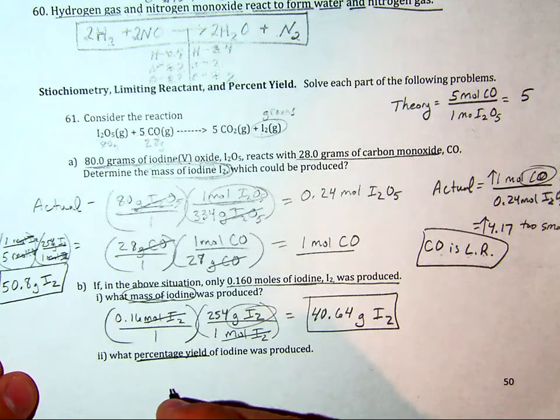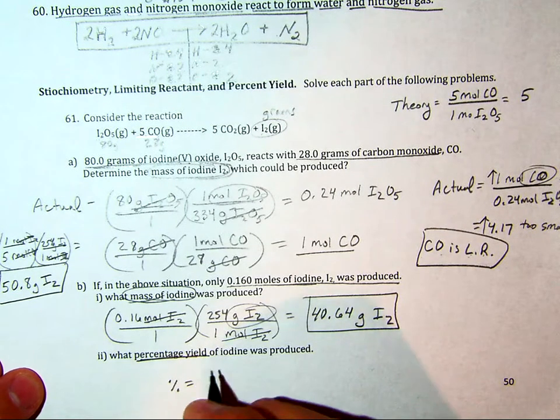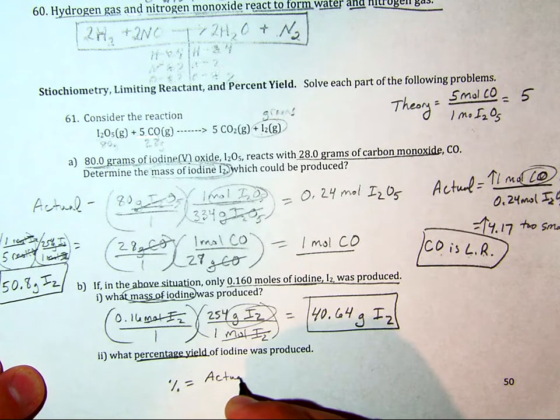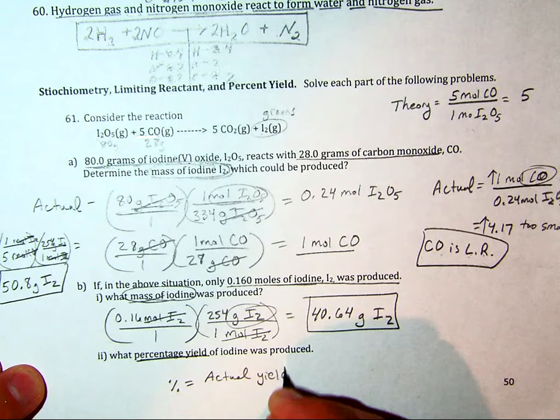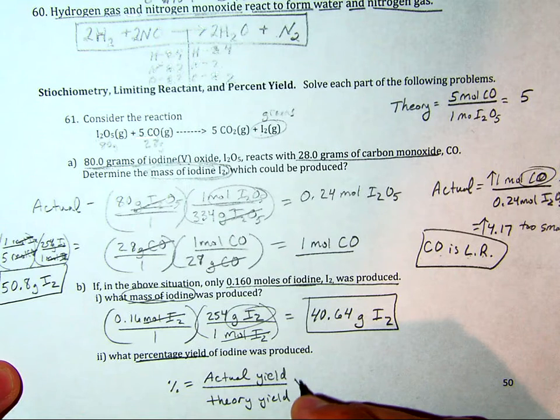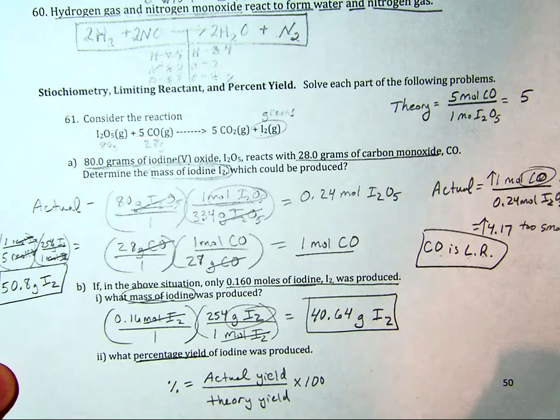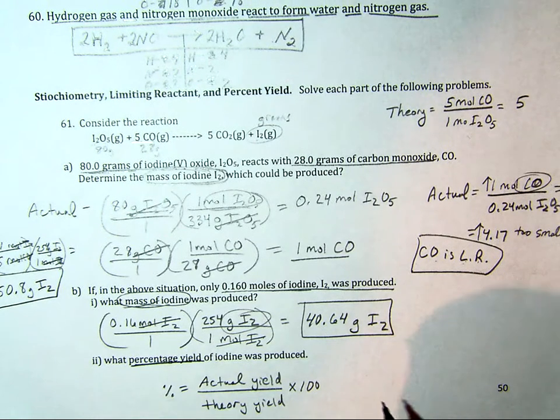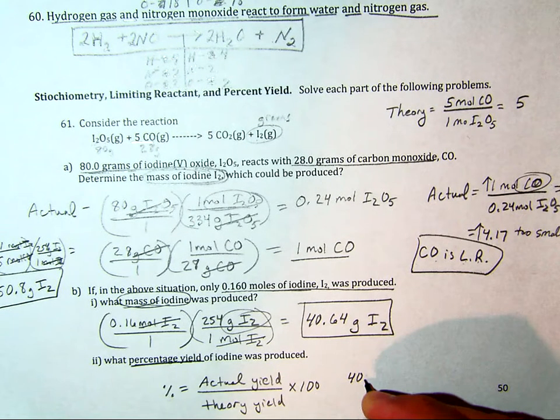So we talked a lot about this in class, but percent yield is equal to your actual yield divided by your theoretical yield. Your theoretical yield goes on bottom, and then we're going to take that number and times it by 100 to get a percentage out of it. So it's very easy. All you have to do is my actual yield for iodine was 40.64 grams.